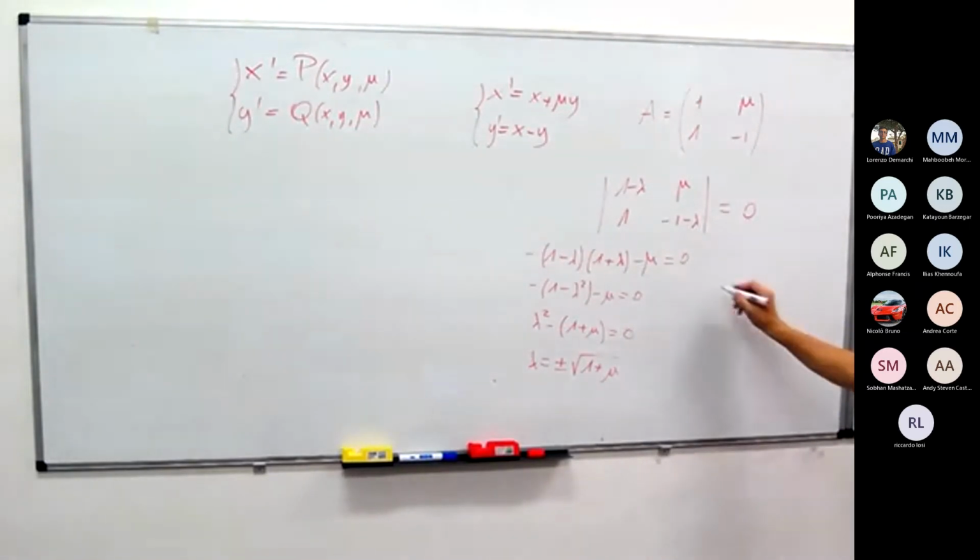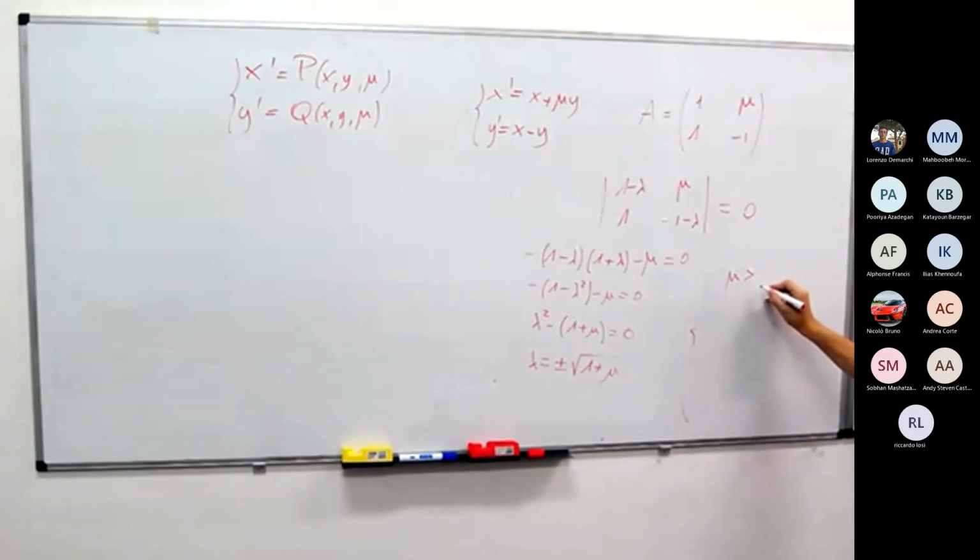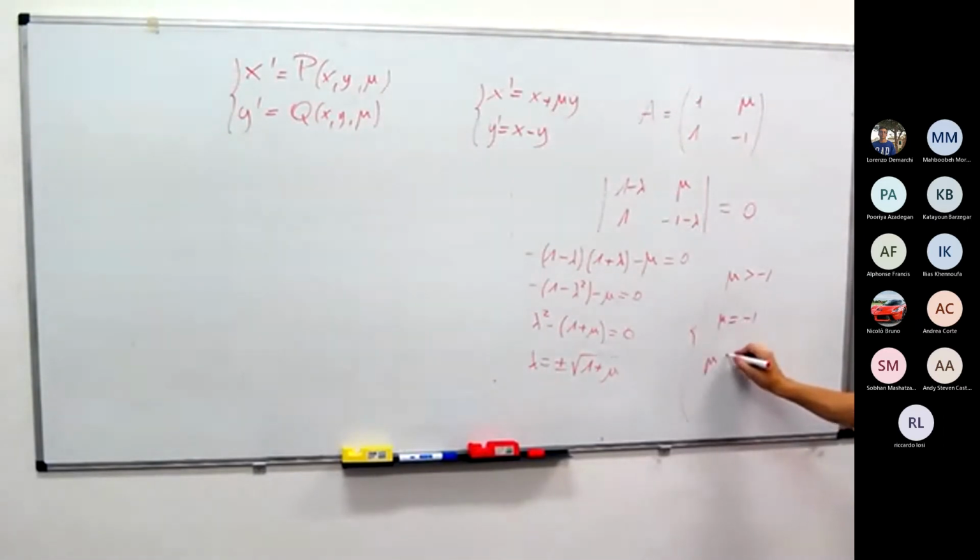Now, observe that I have basically three possibilities: mu larger than minus 1, mu equal to minus 1, and mu less than minus 1.